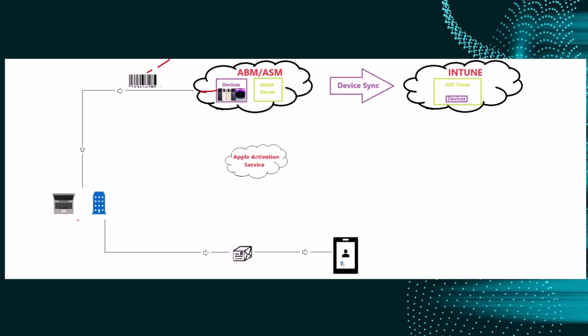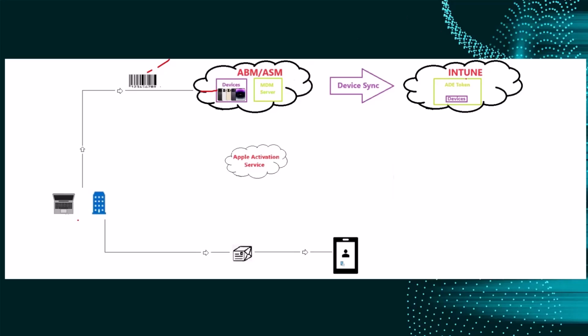Okay. Now, let's say that I want to use ABM or ASM with Intune. You have an option of using ABM or ASM with any MDM. Right now, we are going to use it with Intune because we are focused on Intune, but you have an option of using this with any MDM.